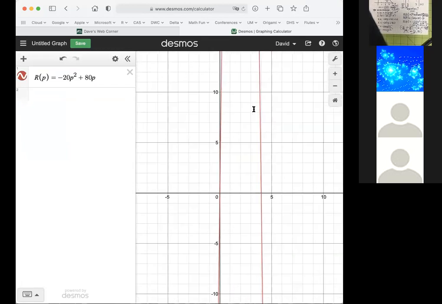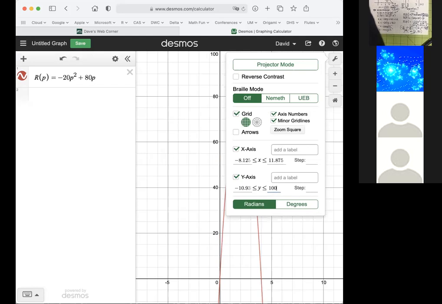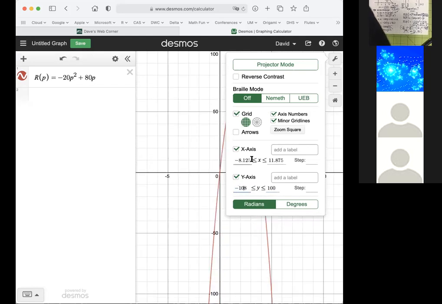But I think what I need to do is make a window that goes all the way up to 80 for my vertical axis. Notice it doesn't say the P axis or the R axis. Let's just say go up to 100 from -10. Now, how about my X axis? The horizontal axis, the price axis too.